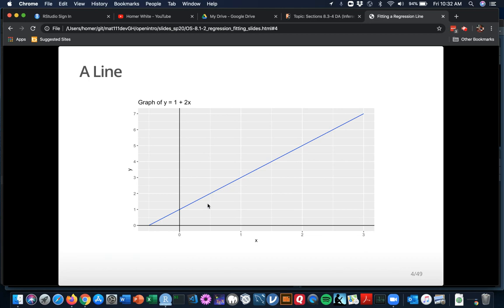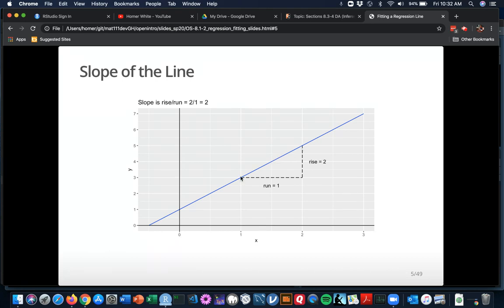Now just a reminder of how that slope comes about. The slope of a line is its rise over its run. The slope of this line is 2: if you were to run over 1 unit on the x-axis, like from x is 1 to x is 2, you would have to rise up 2 units along the y-axis in order to stay on the line.